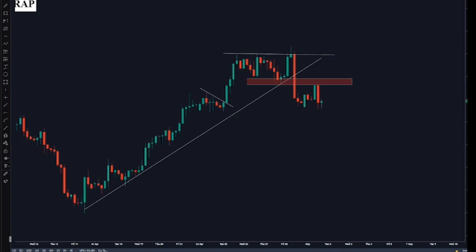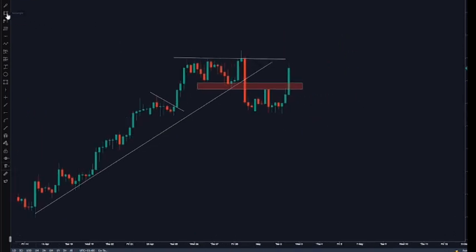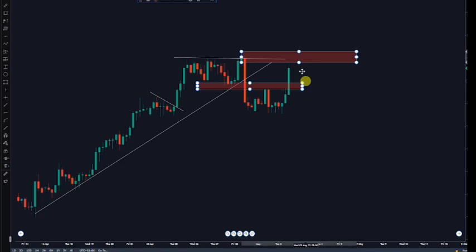Good one. So once the price came into this zone, I'm taking my trade. Any confirmation I see in this zone, because this is a bull trap, any bearish confirmation I see, I'm taking it down.